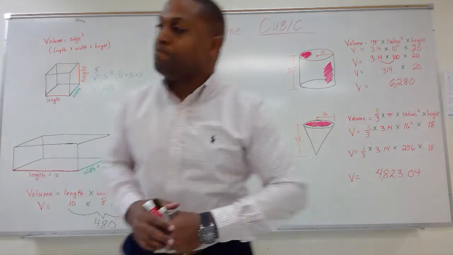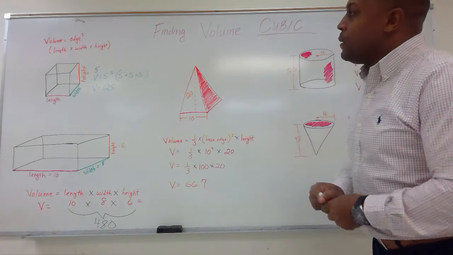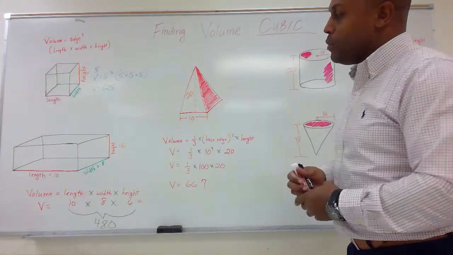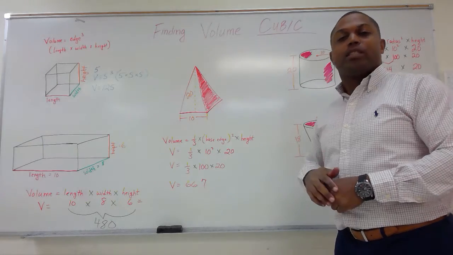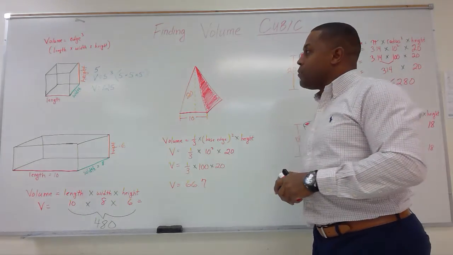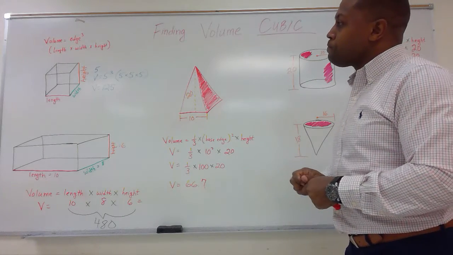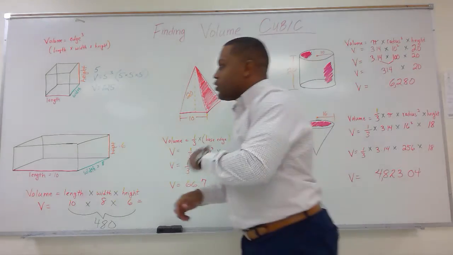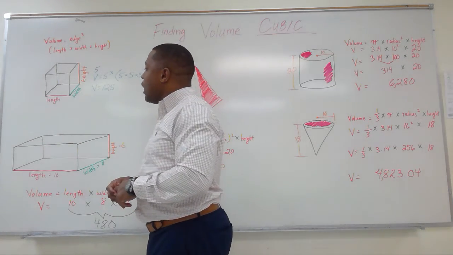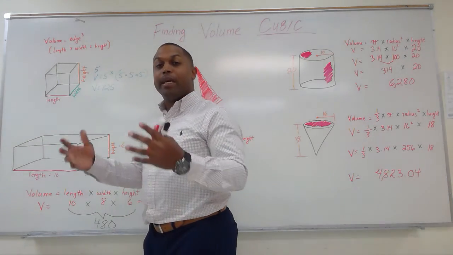If you see that word, then that is a tip to you that you are dealing with a volume question. Area is finding the surface area of a two-dimensional shape, but volume is finding the space inside a three-dimensional shape. Looking at this cube here, I did three different colors for each dimension.